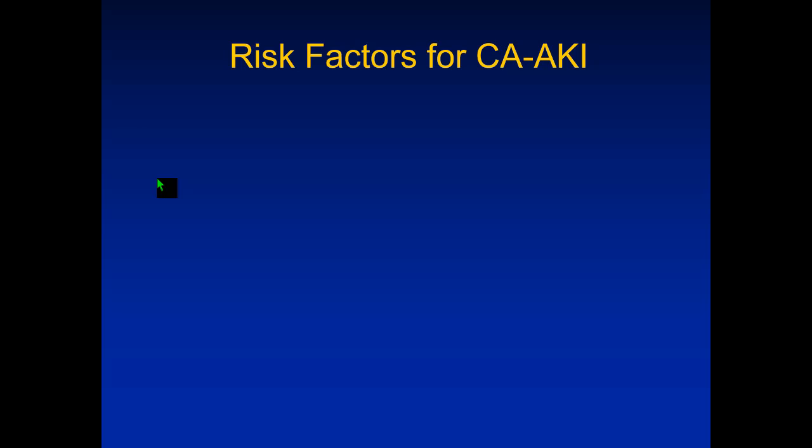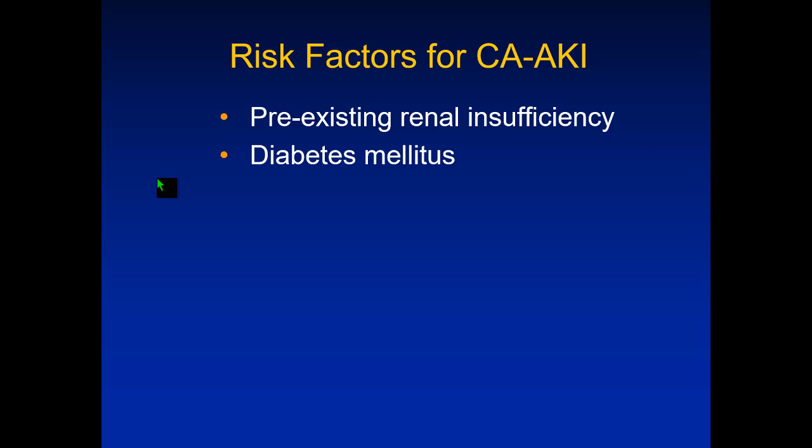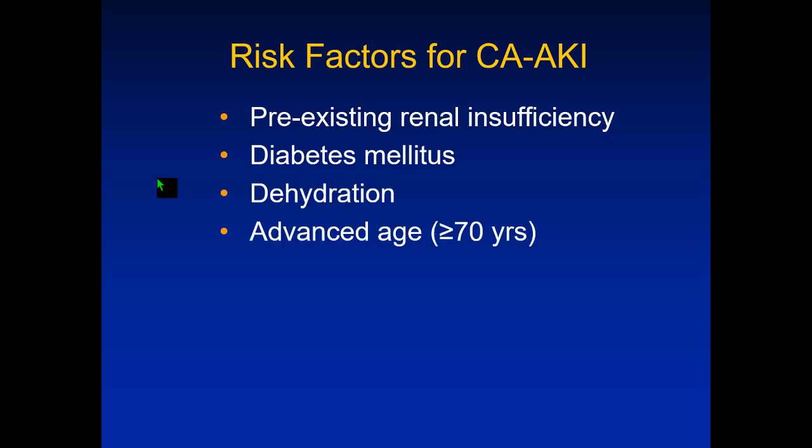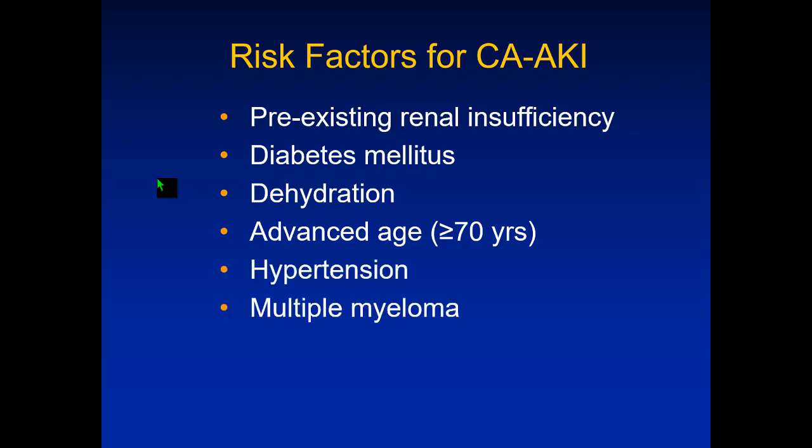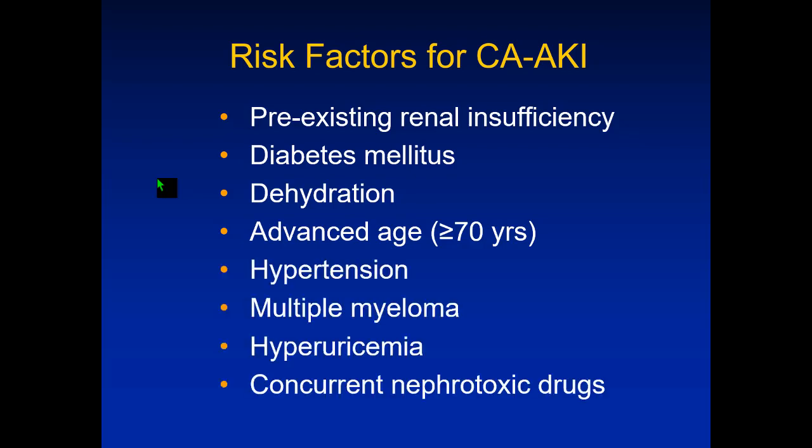Now, the risk factors for contrast-associated AKI are the following. The most important one is pre-existing renal insufficiency. But other important factors include diabetes, dehydration, advanced age, hypertension, multiple myeloma, hyperuricemia, and concurrent nephrotoxic drugs.